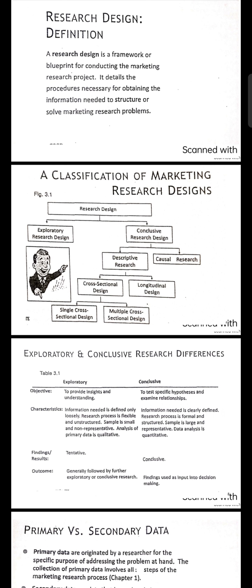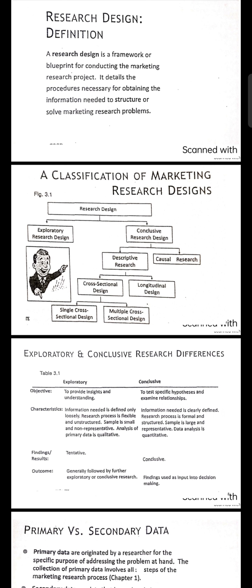So continue the research design. Research design consists of two major categories, which are exploratory research design and the conclusive research design. Under the conclusive research design, of course, they have subtopics.